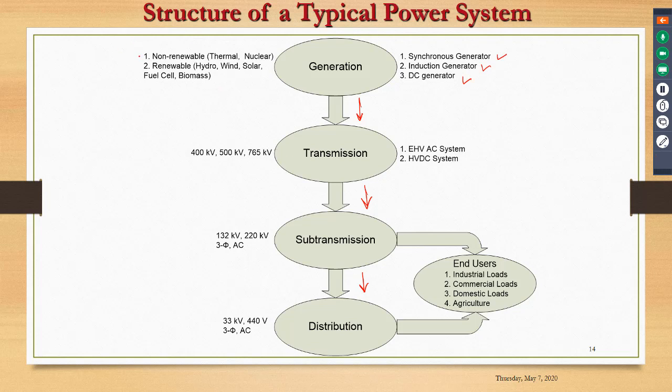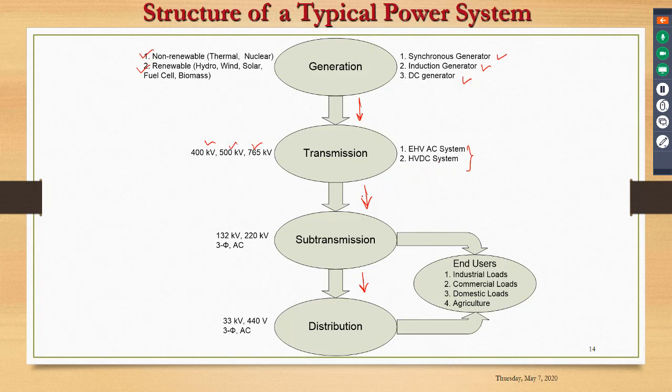They can be non-renewable or renewable as well: thermal, nuclear, hydro, wind, solar, or fuel cell, biomass. Similarly, the transmission system is at 400 kV, 500 kV, and 760 kV, and the technology is EHV AC system or HVDC system.